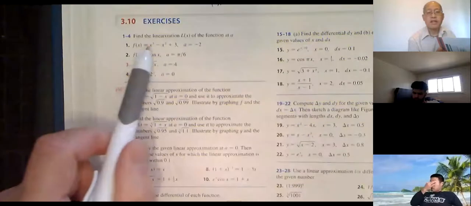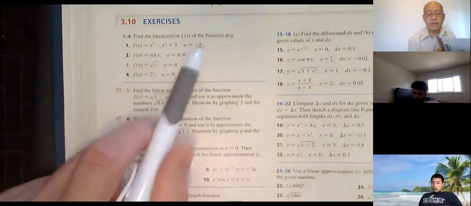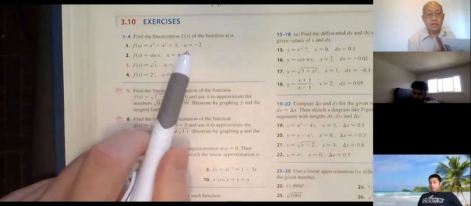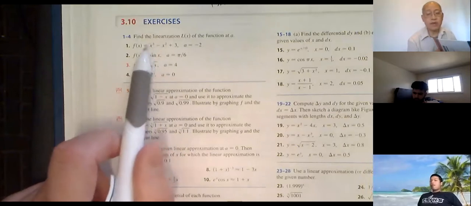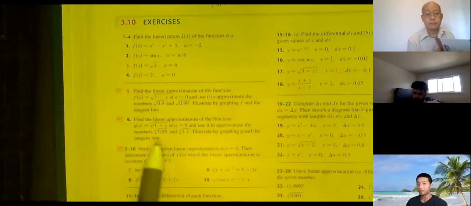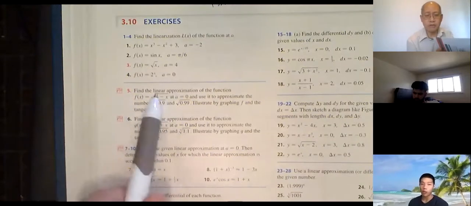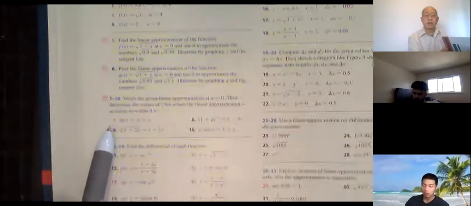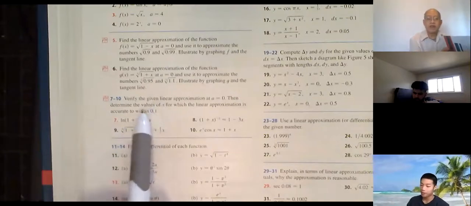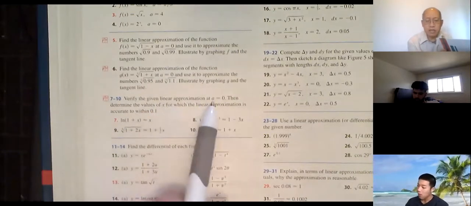Okay. So 1, 3, 5, find the linearization at the given a value or x value. It's the same as saying find the equation of the tangent line. Okay. 5, of course, skip anything for graphing calculator, but we can still find the linear approximation. For 7 and 9, verify the given linear approximation. You don't get scared.